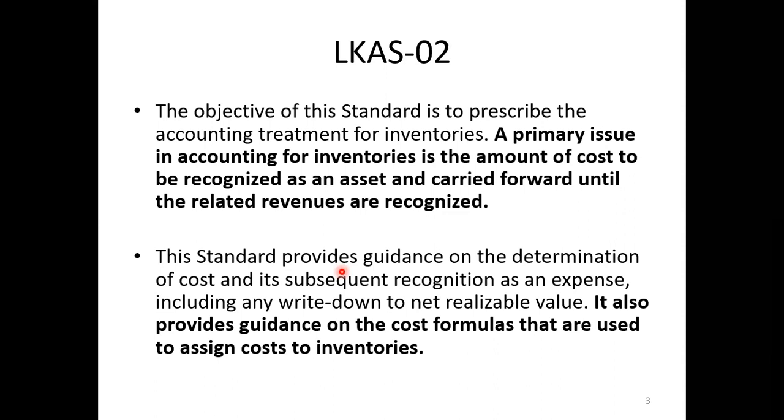In some other circumstances, like a fire in the warehouse, or where there is obsolescence, theft, or inherent wastages of inventory, how do we handle that kind of event? The standard also provides guidance on the cost formulas that are used to assign cost to inventories.